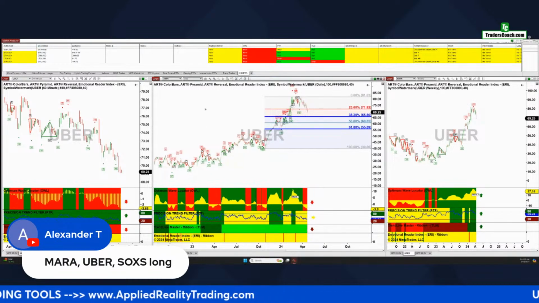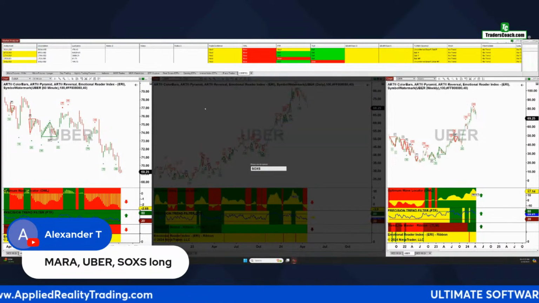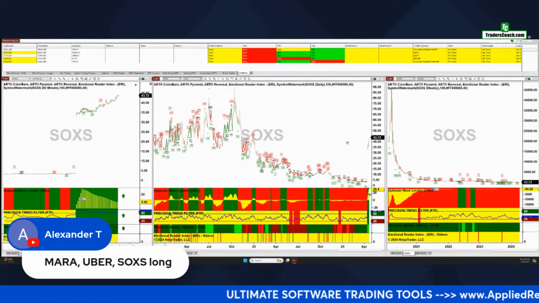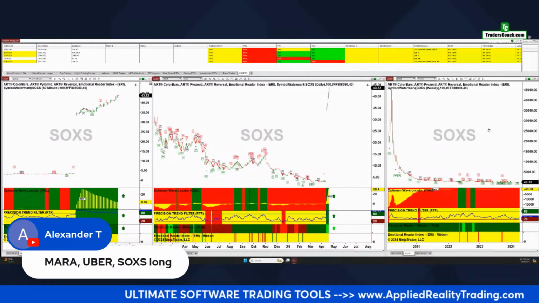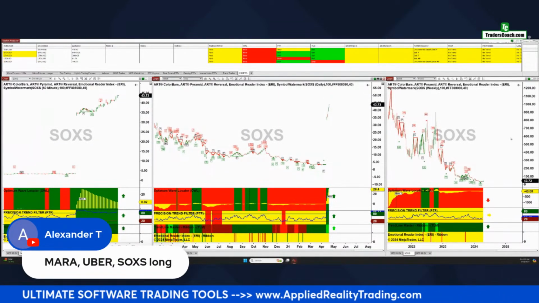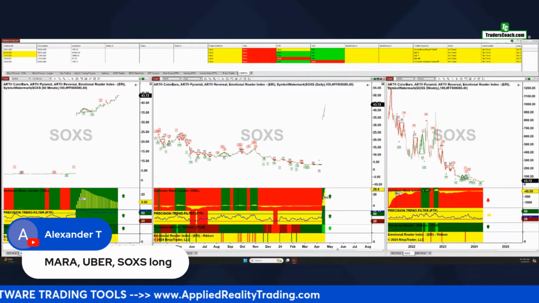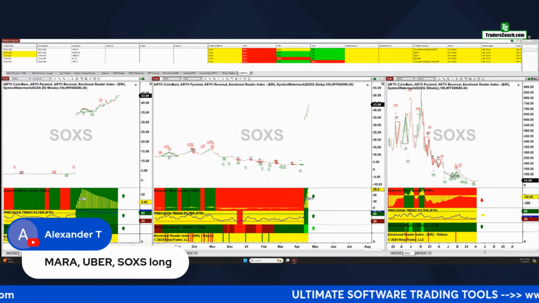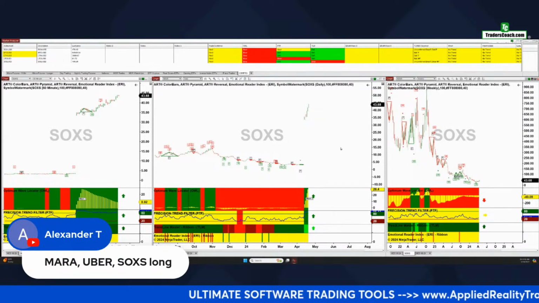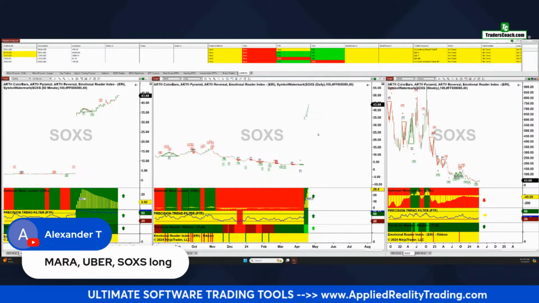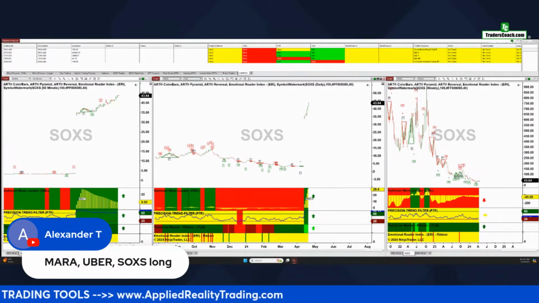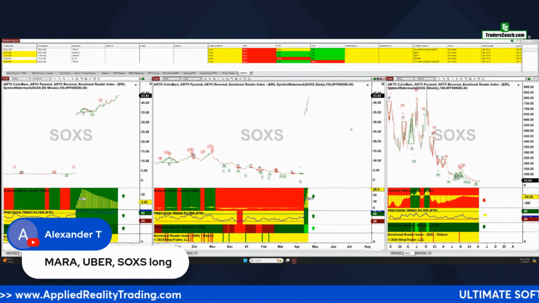All right, SOXS. Okay, so you're long here, and this thing gapped up. I don't know where you got long, but you've got green here, if my data is correct. So you're getting some type of spring off the bottom. I don't know where you got in, okay? You probably might have gotten in after the gap. I mean, if you got in before the gap, wow, that was quite the trade.